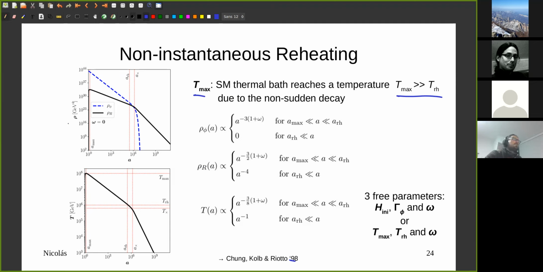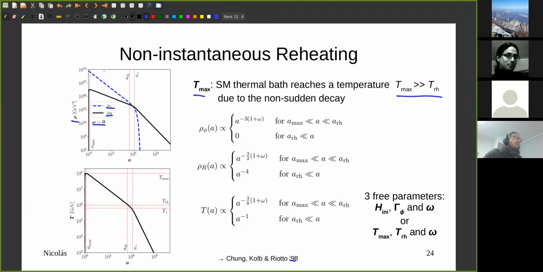So here, for instance, I'm showing you a plot of the energy densities of the inflaton in dashed blue, and radiation in black, right? So for instance, assuming that the inflaton has an equation of state omega, take omega to be zero, so it's a well-motivated and easy choice.